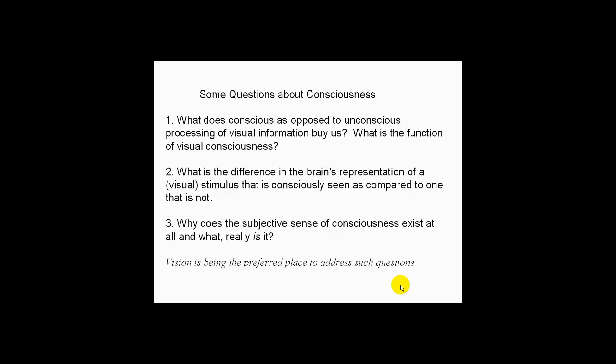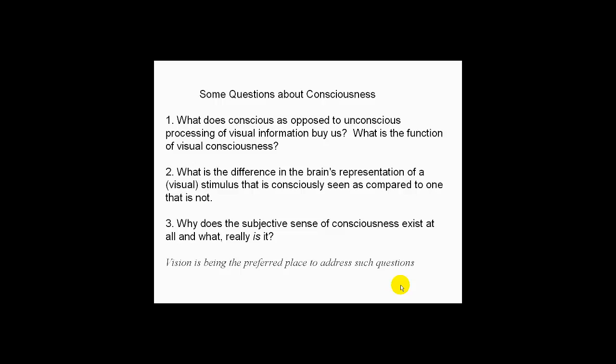What is the function of visual consciousness? If we can recognize objects and respond correctly, even though we say we can't see them, what's the difference? Is there something we can do when we are conscious of it that we can't do when we're not? Now, surprising as that may seem, nobody knows the answer to that question yet. It turns out there are a lot of technical difficulties to answering it, and the answer is not known.